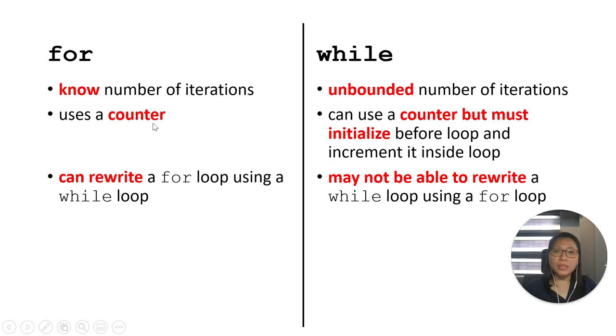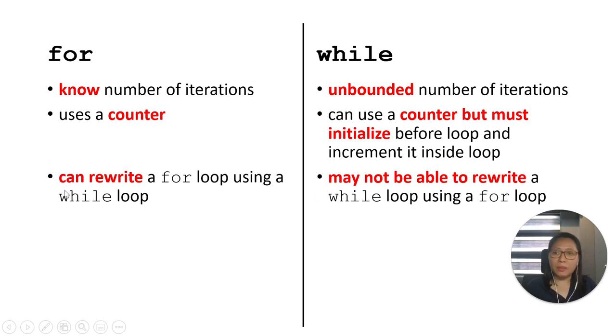So for uses a counter, and while can use a counter but must initialize it before the loop and increment it inside the loop. This is what I explained earlier about the sentry. So you have a sentry, you initialize it, and you have to make sure that inside the loop, or inside the while code block, the sentry is incremented or is changed.